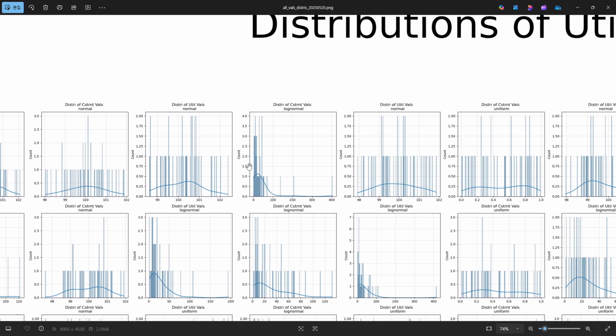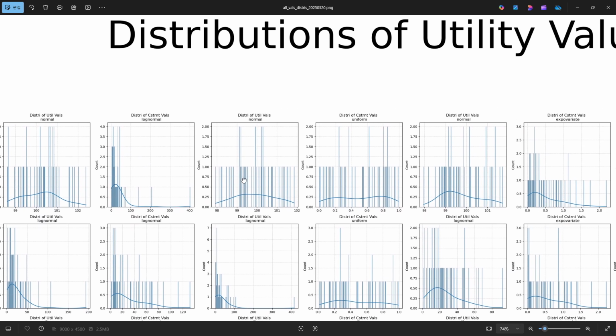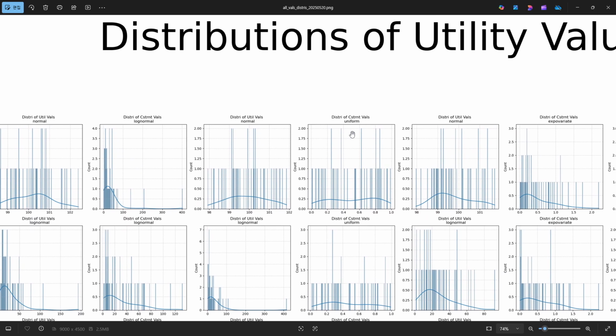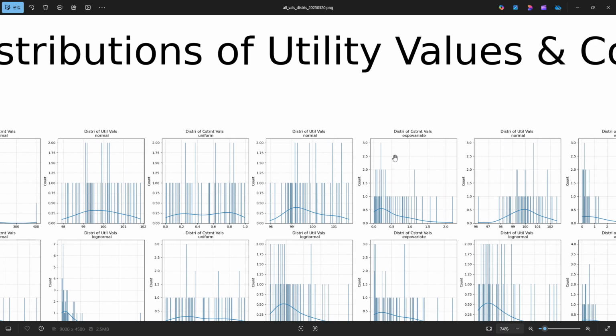The second pair is the second iteration: utility values were normal and constraint values were log normal. The third one is normal and uniform. The fourth one, normal and expovariate.